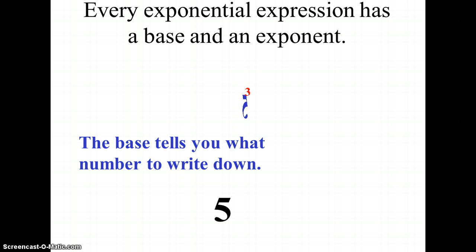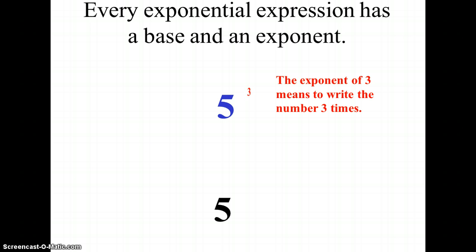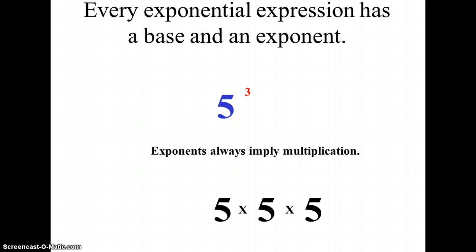The base tells you what number to write down. The exponent tells you how many times to write that number. So we are writing 5 3 times. And always with exponents, we are multiplying. And 5 to the third power, which is 5 times 5 times 5, equals 125.